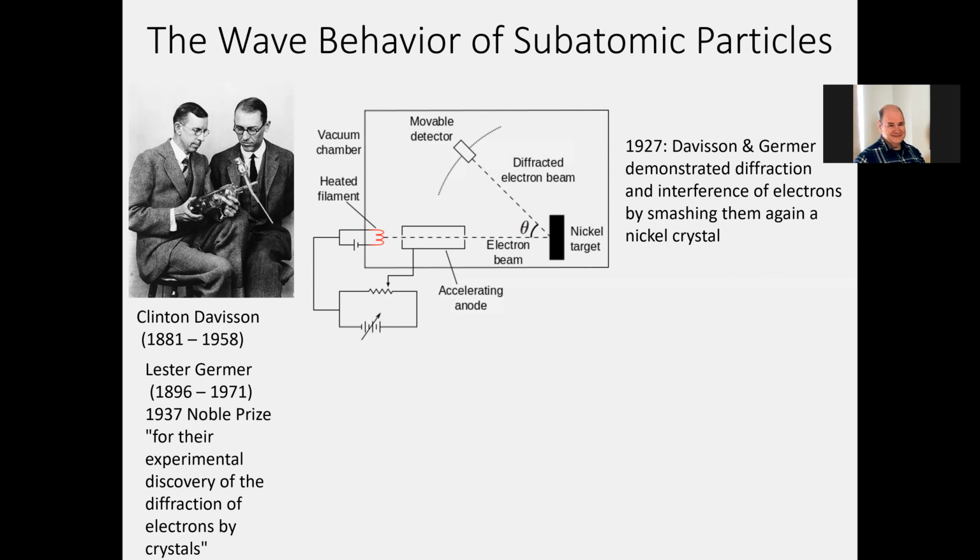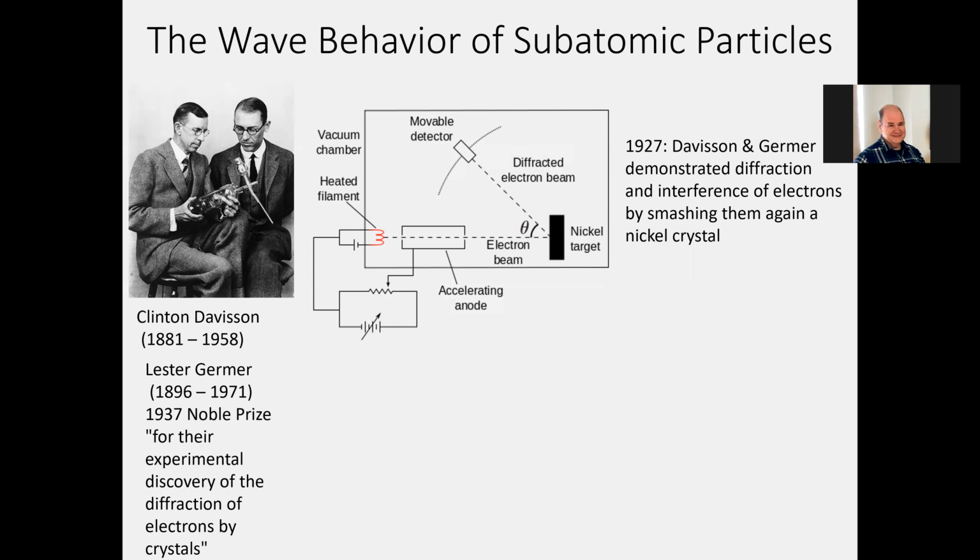It's taken up in two fundamentally different ways right away. In 1927, the famous American team of Davisson and Germer take a bunch of electrons and smash them against a nickel target, a metal target, and the electrons bounce off as particles.